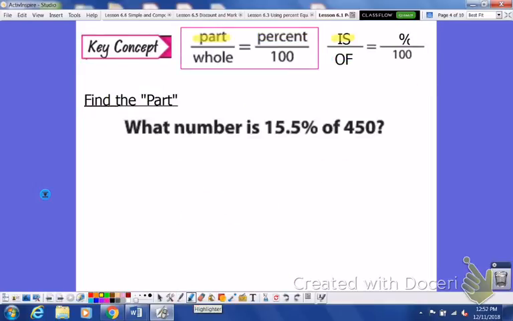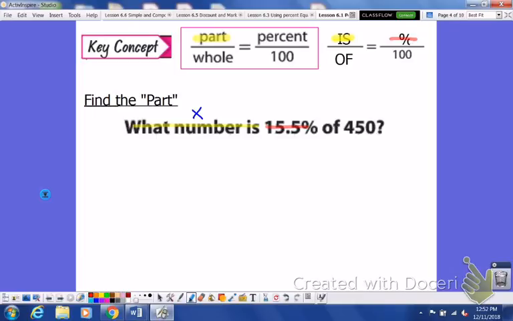So again, if we go through, highlight some things. What number is, so what number is, that's our is, so that's our variable. And we have 15.5%, percent's in our numerator.